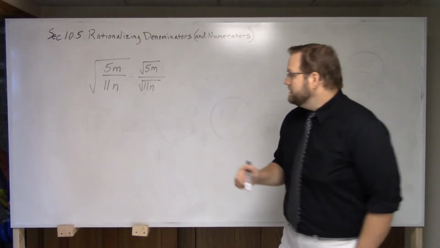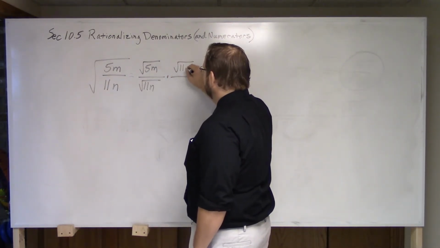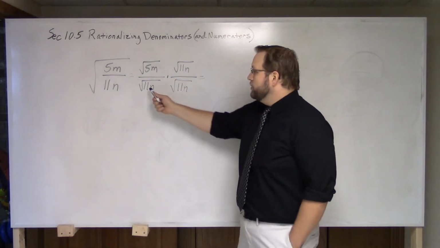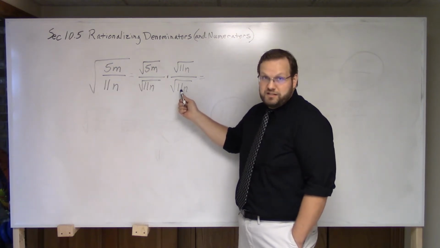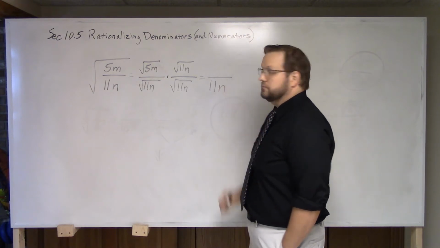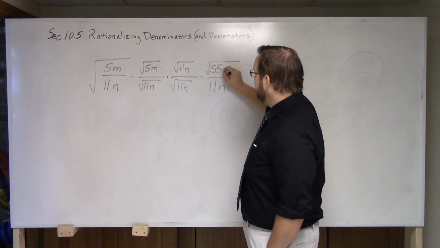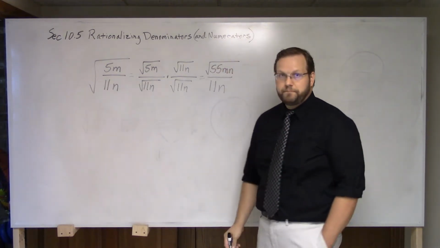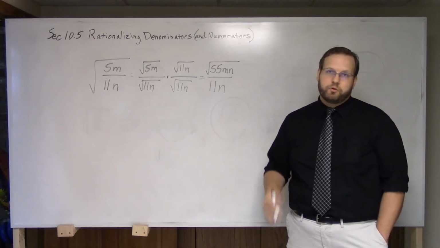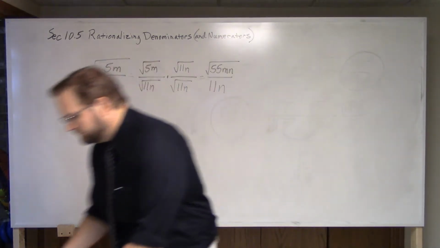So all that means is we're going to multiply by that square root of 11n, square root of 11n. Square root of 11 times 11 is just an 11. Square root of an n squared is just an n. And then that numerator, we have 55mn. We can multiply the 5 and the 11 because we're multiplying. If it was adding, we couldn't bring those together. Both multiplication, we can. Let's look at another one.